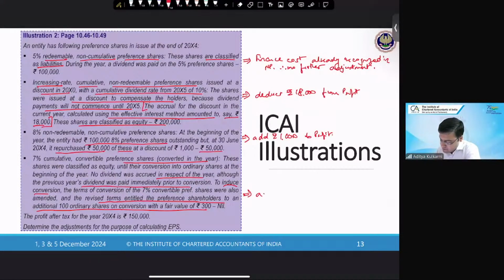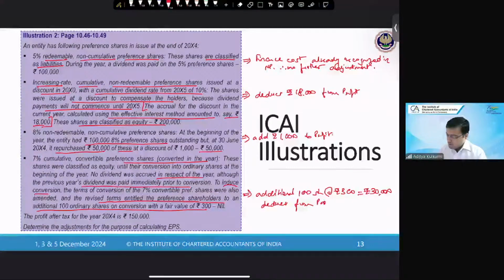So additional 100 shares at rupees 300. Are you able to follow? Yes, sir. Meaning, additionally, what are you giving? You are giving additionally rupees 30,000 to them. Yes or no? Yes, sir. So this additional 30,000 is not hitting your P&L. Therefore, you will subtract it. Deduct from profit. Okay.